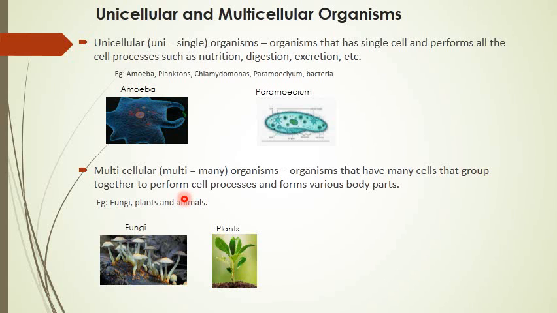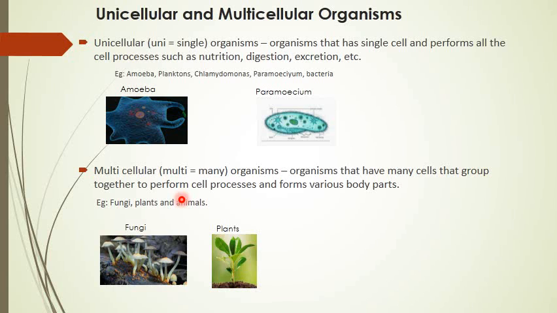So in that way, a group of cells performs one function, another group of cells performs another function. Each group of cells makes one set, and they perform nutrition. And the other set of cells performs other processes. So in that way, all the groups together help in the activities of the cell.